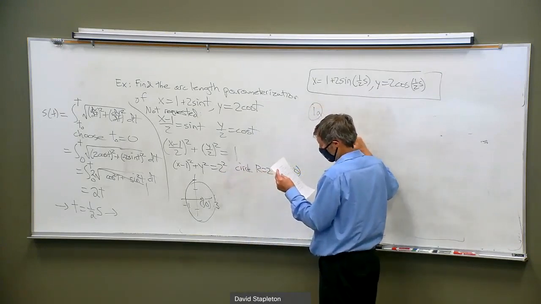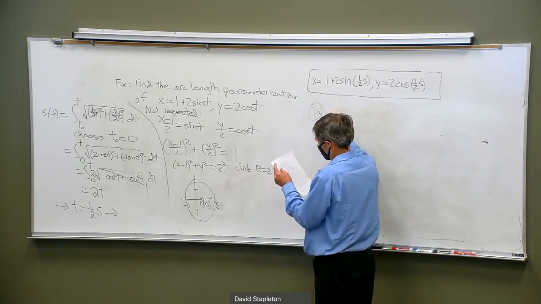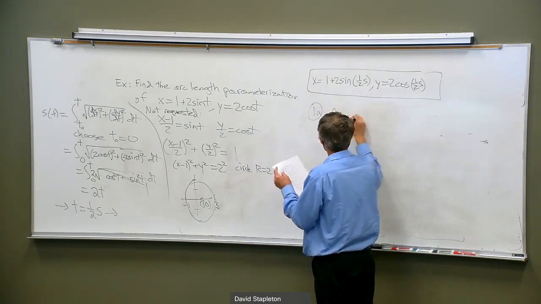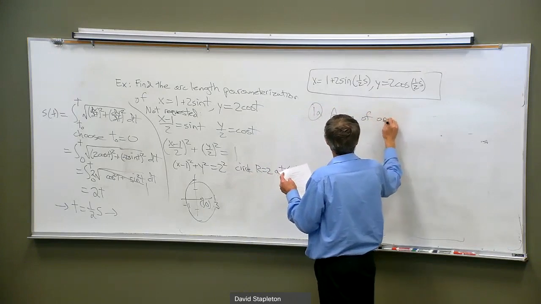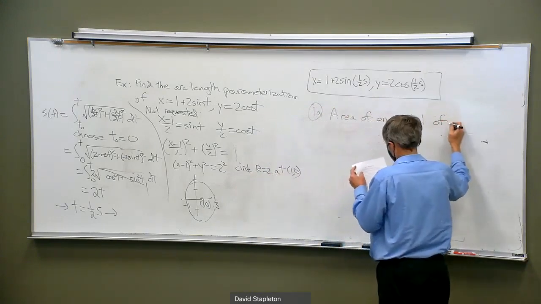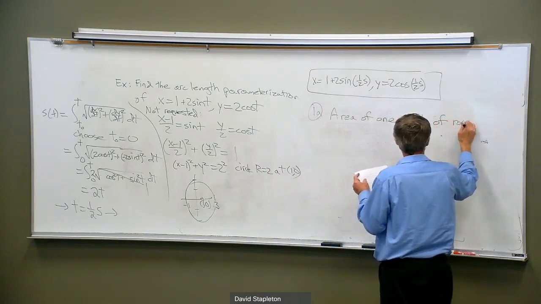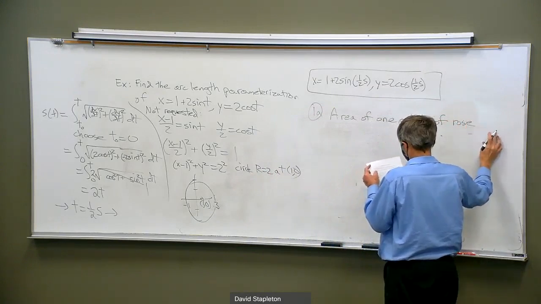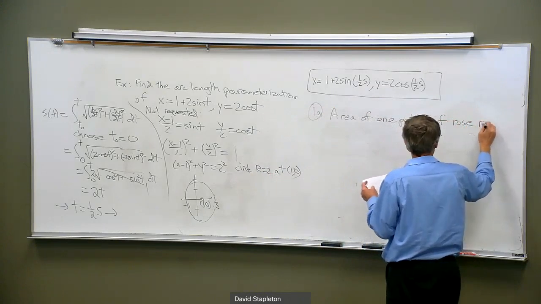Find the area of one petal of the rose r equals 2 cosine 3 theta.